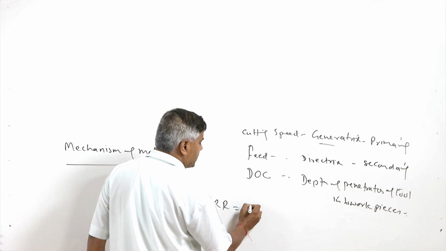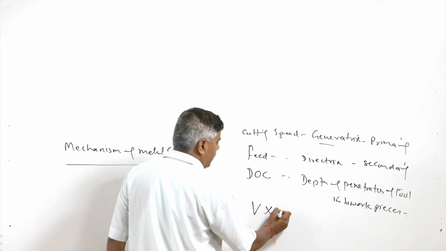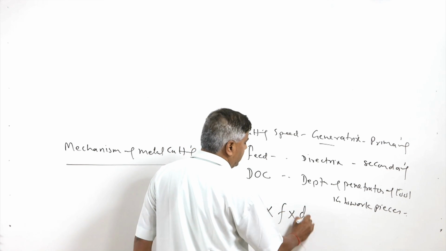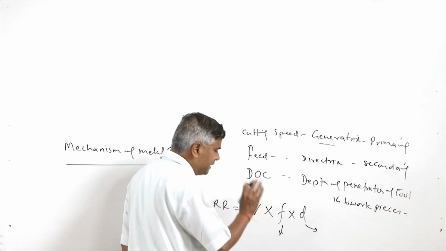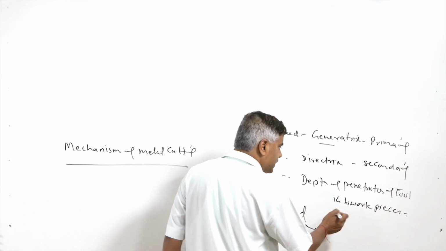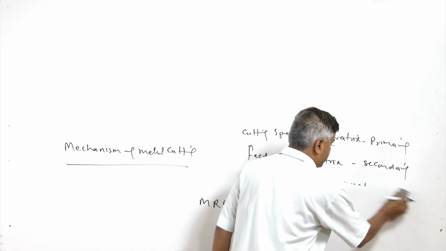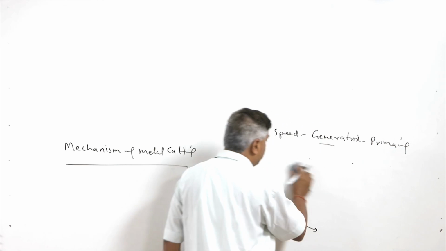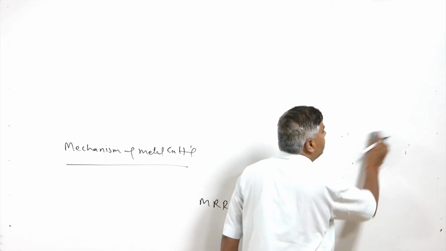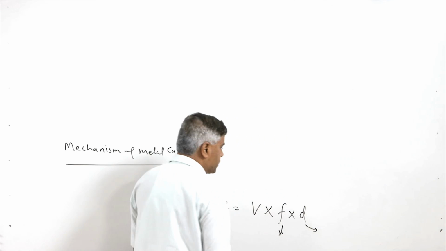It is basically the product of the cutting speed, the feed, and the depth of cut. Since the feed and depth of cut are given in limited amounts, and these are also governed by the purpose of the machining process, depending upon the purpose, various combinations of speed, feed, and depth of cut are used.